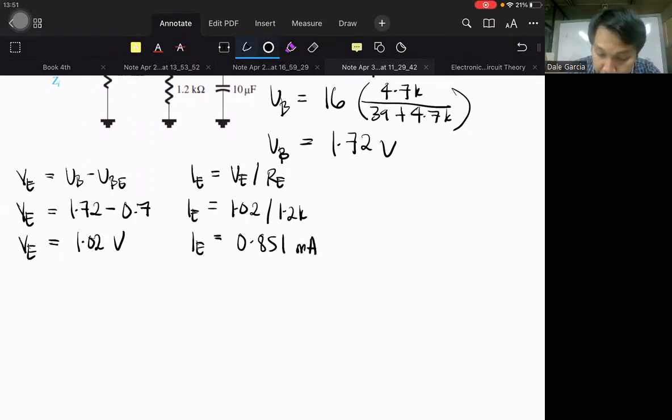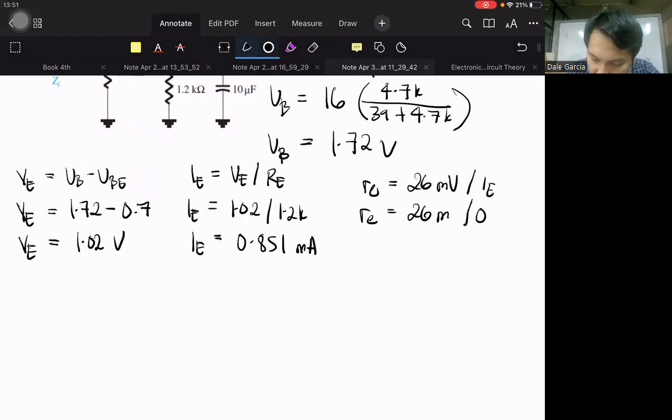Which then will be used to solve for small re. re is 26 millivolts divided by IE. So 26 milli divided by 0.851 milli.